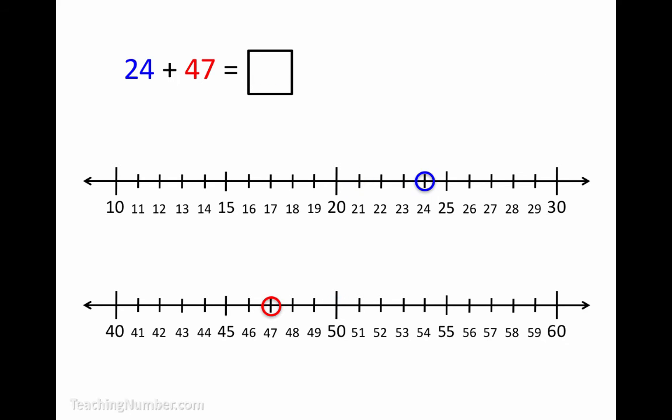Finally, it is important for students to understand why we always choose the nearest 10. Let's look at the problem we just solved again, but this time let's use 20 to build our 10-friendly equation, even though it is not the nearest 10. We must subtract 4 from 24 to get 20. That means we must add 4 to 47.